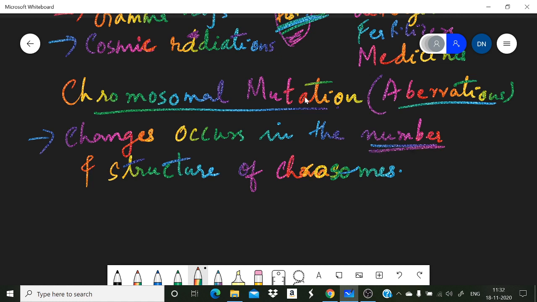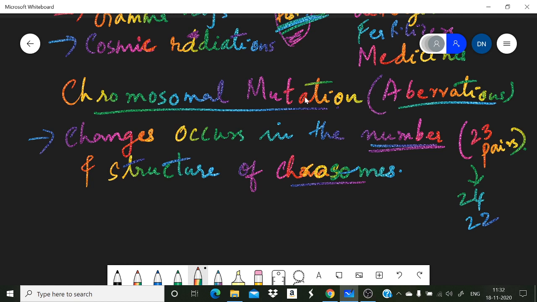What do you mean by the changes that occur in the number of a chromosome? That means normally human beings consist of 23 pairs of chromosomes. Suppose if there occurs 24 pairs of chromosomes, that may lead to mutation. That is because of mutation. If it is 22 pairs of chromosomes, that may also be a condition which is known as mutation.